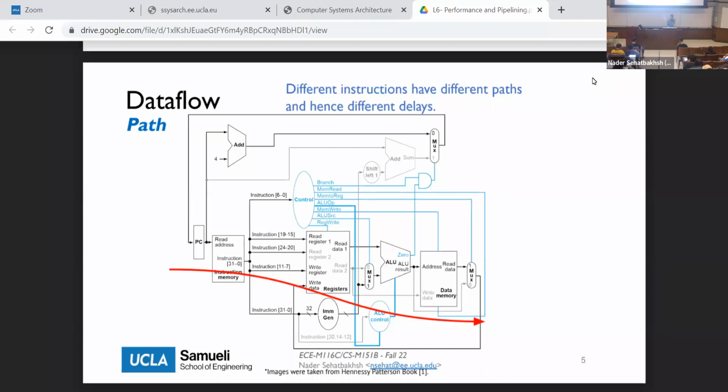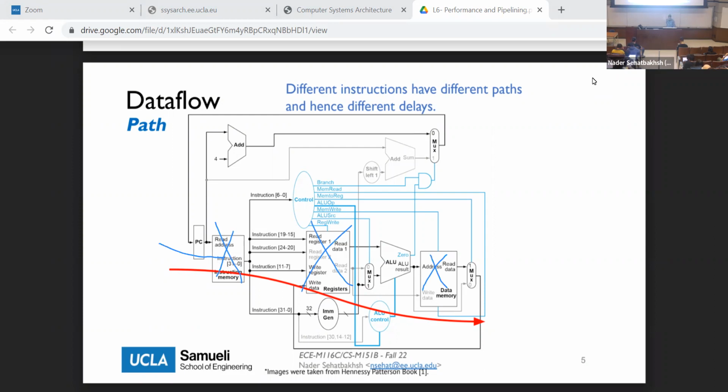The main reason is that some instructions read from the memory, some of them don't, and because of this unequal path, the delays are a little bit different from one instruction to another.